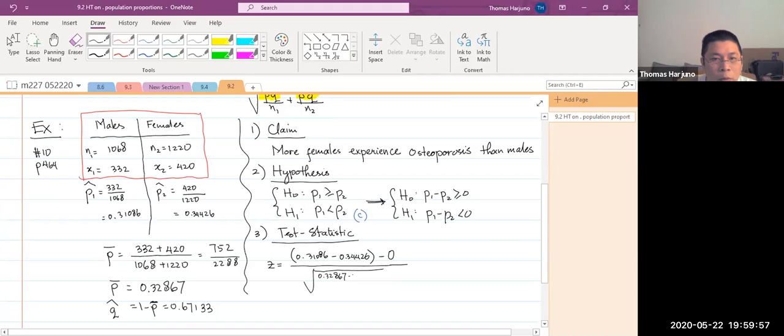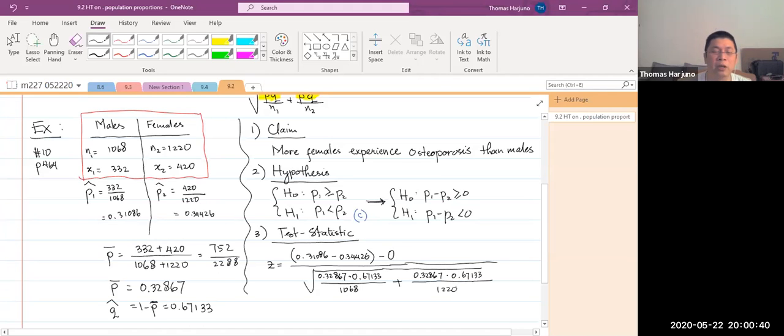0.32867 times 0.67133 over 1068 plus, but this is all under the same fraction, under the same radical. You don't separate the radical. It's the square root of the sum: 0.32867 times 0.67133 over 1220.